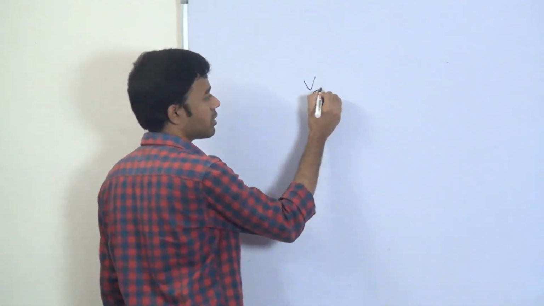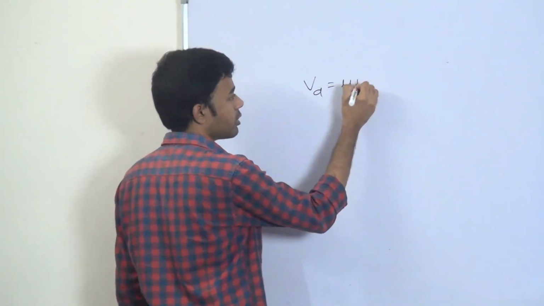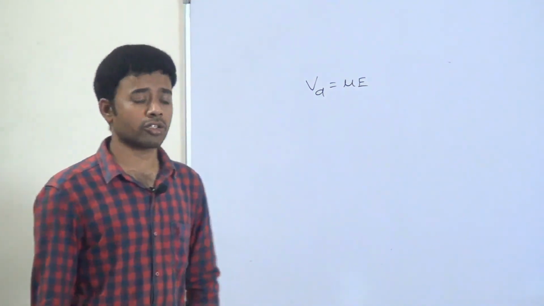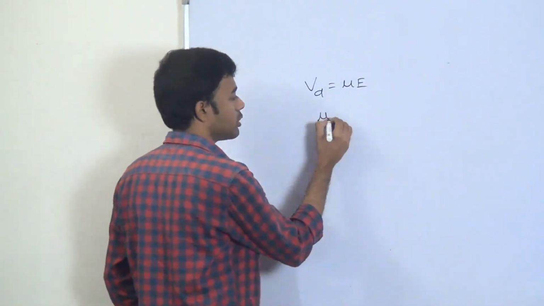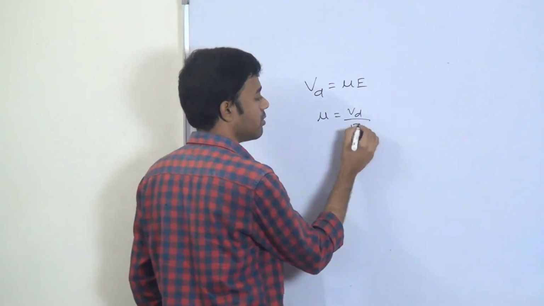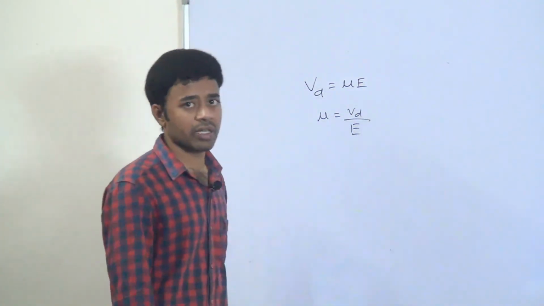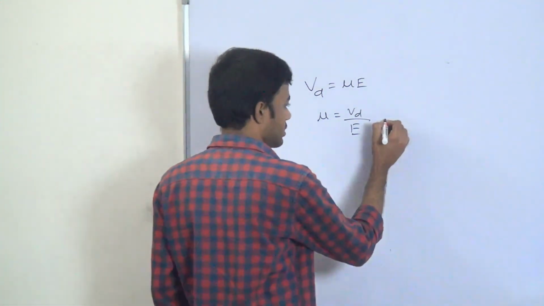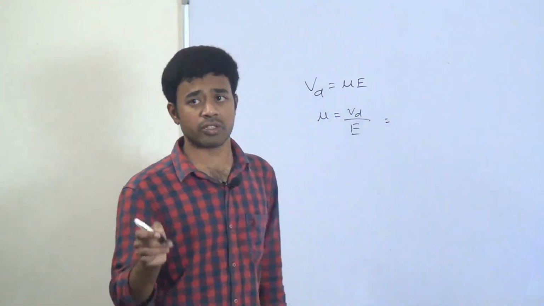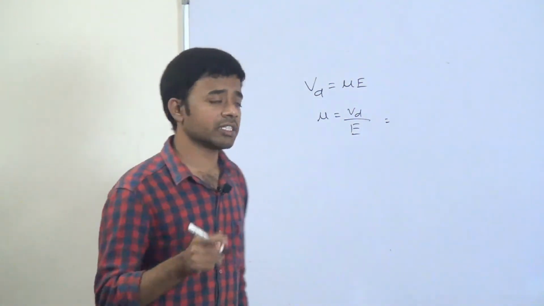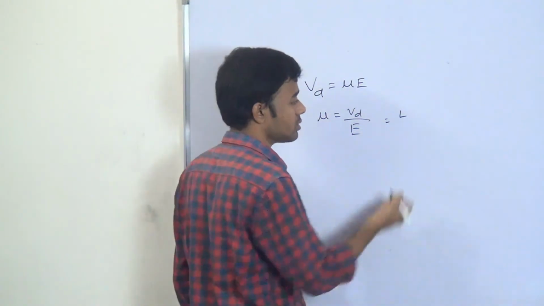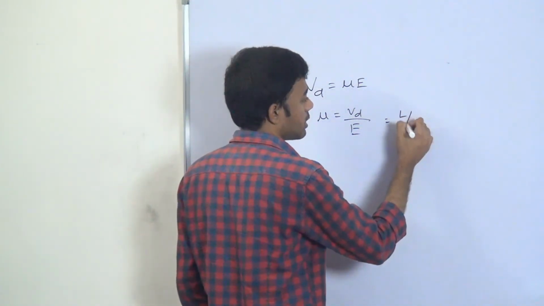We know that drift velocity or average velocity equals the electron mobility into the applied electric field. Since we want only electron mobility, mu equal to Vd by E. Vd means drift velocity, E means applied electric field. Velocity is displacement by time, so length by time.